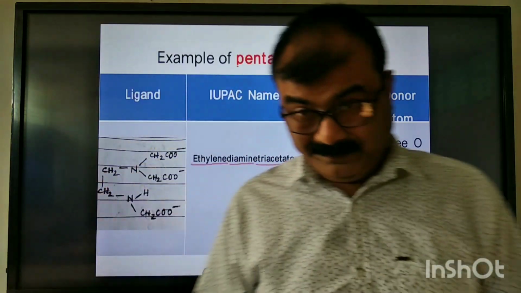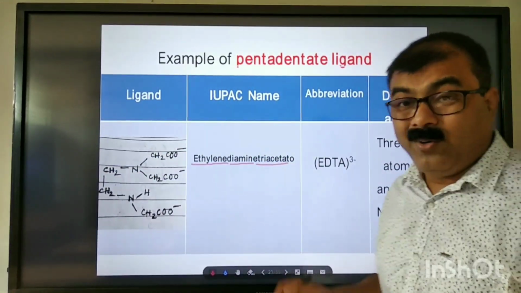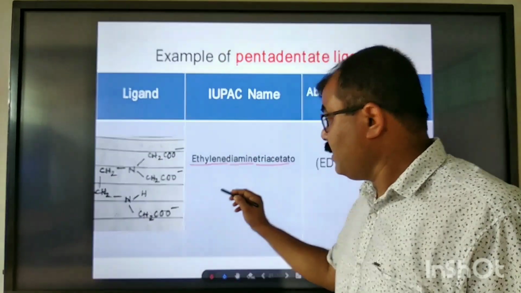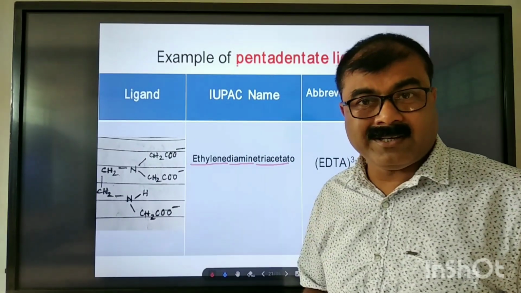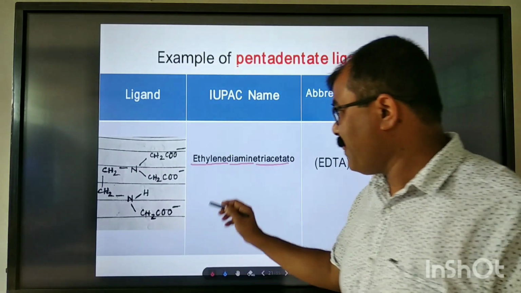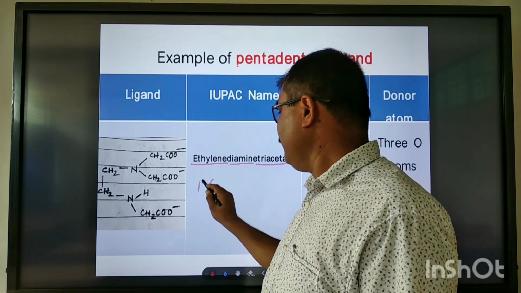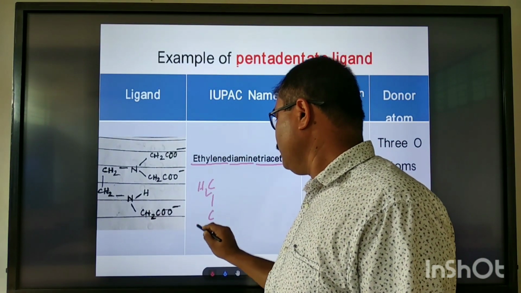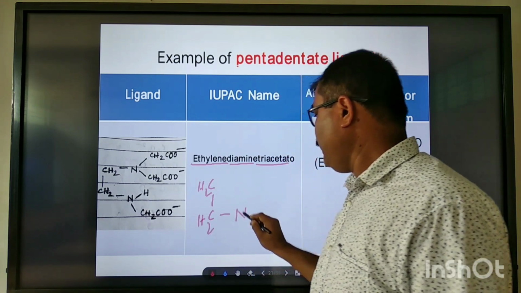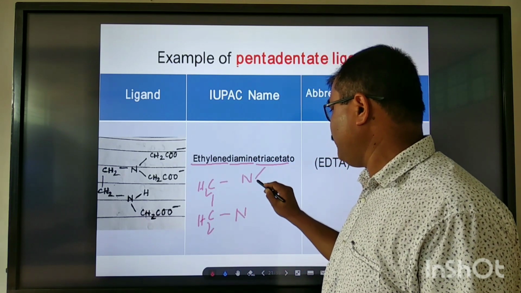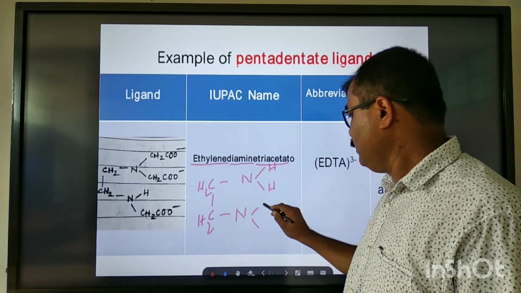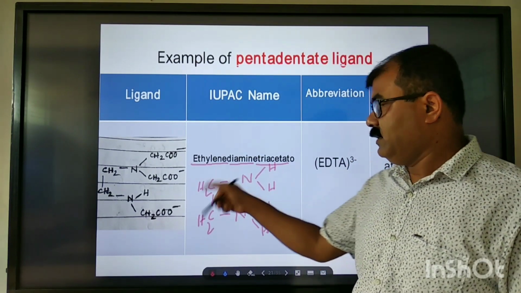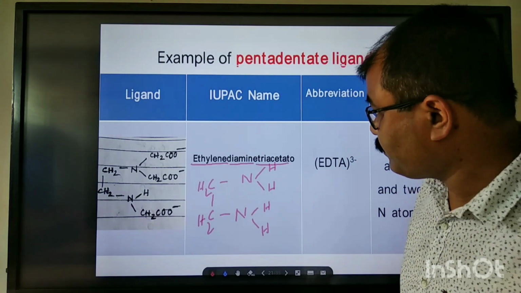Very simply, you can remember. See, my dear student, how can you remember this structure? First of all, you draw the ethylene diamine structure. Ethylene diamine structure is very easy. You can draw it. See, CH2, CH2, NH2 and NH2. Here are two hydrogens. This is ethylene diamine.